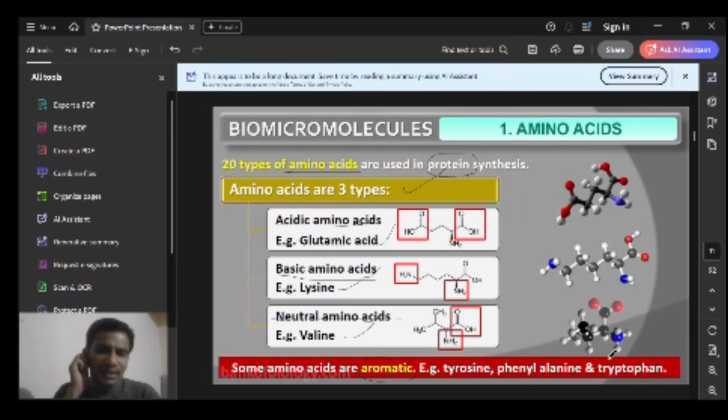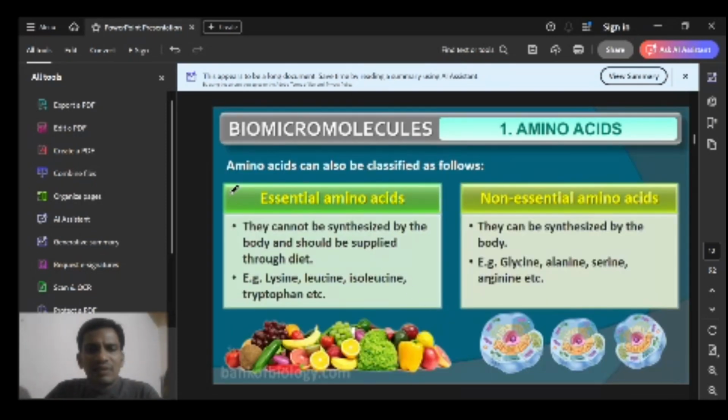Next, amino acids can also be classified in a different way: essential amino acids and non-essential amino acids. Essential means they are required, but our body does not synthesize them, so we have to take them in as food.